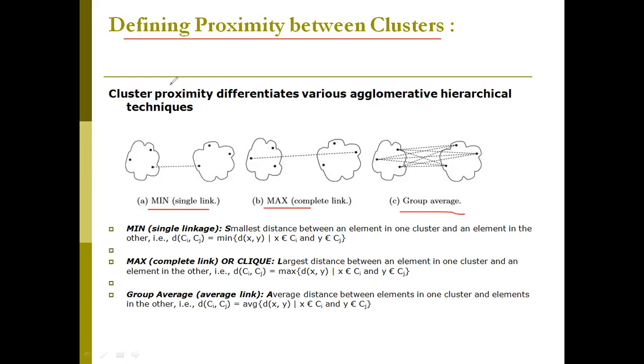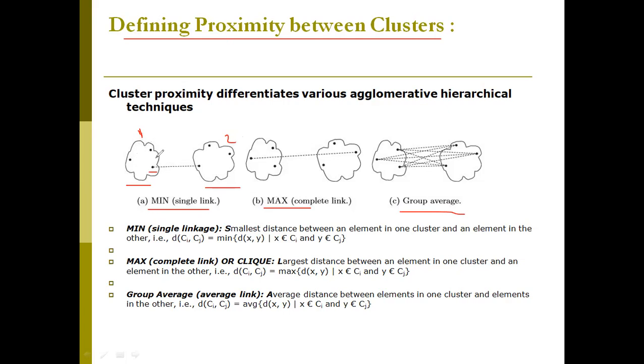How do we calculate the minimum proximity? Suppose you have two clusters, cluster 1 and cluster 2. You should select the points. Which point is near to the second cluster? Here in cluster 1 we have 3 data points.